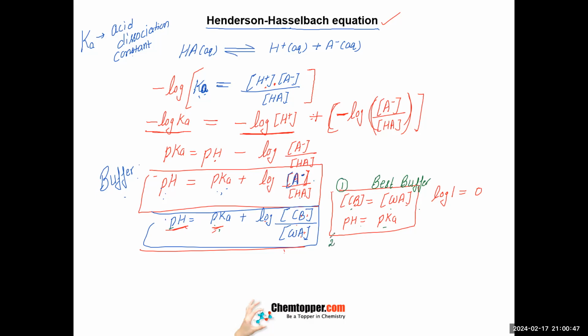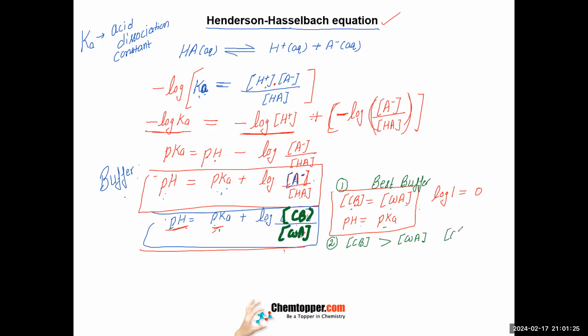Second condition. If the concentration of conjugate base is more than the concentration of weak acid, then will pH be greater than pKa or less than pKa? Think like this.